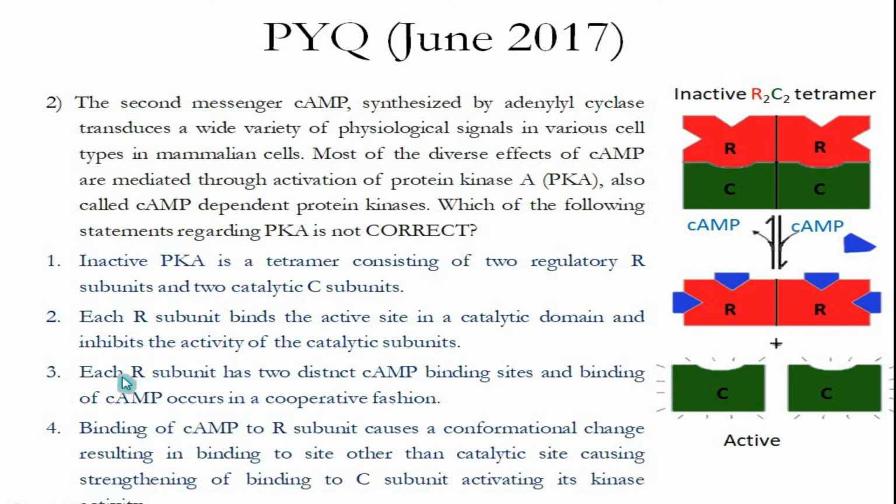Third option, each R subunit has two distinctive cyclic AMP binding sites, and binding of cyclic AMP occurs in a cooperative fashion. This one is also correct. So which one is incorrect? The fourth one is incorrect. So the answer is this one.